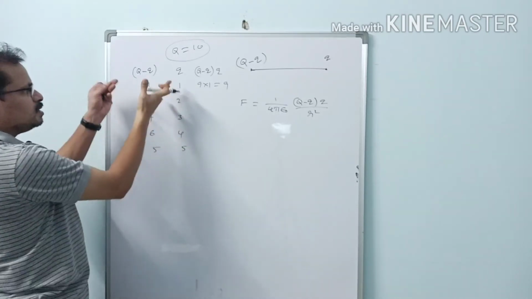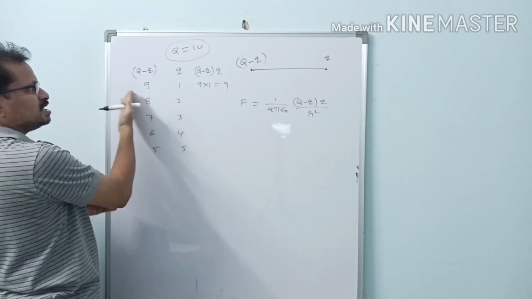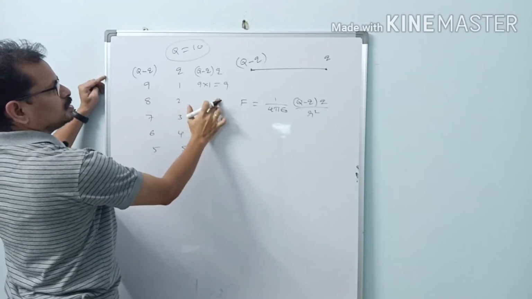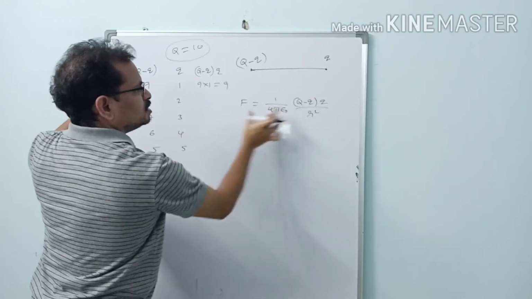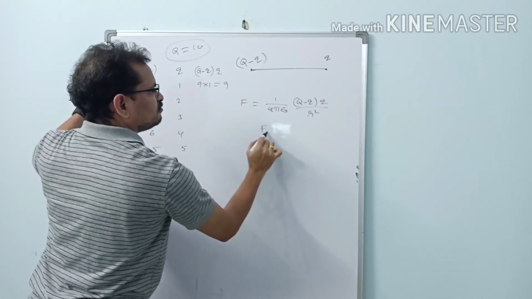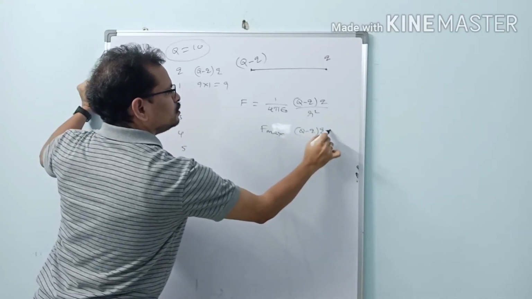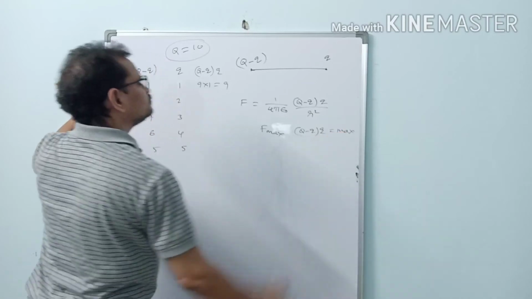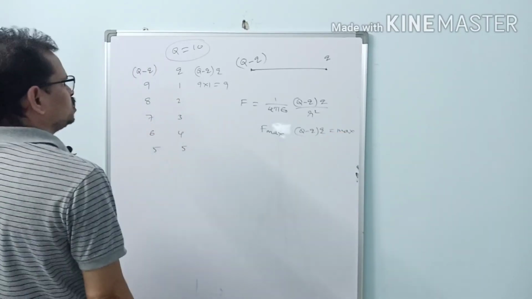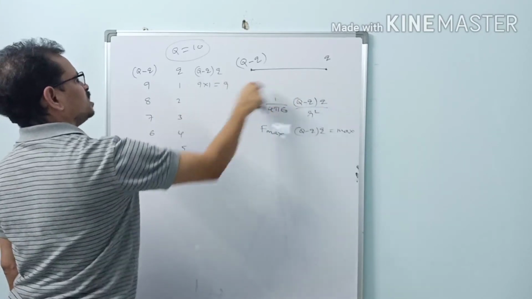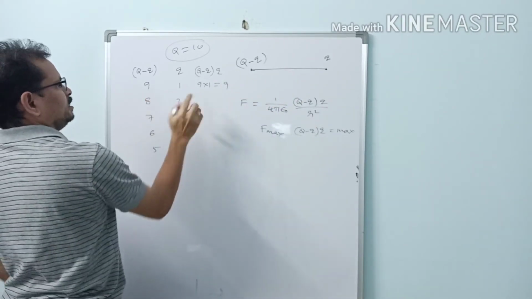So how to distribute? Which is the best pair here? 9 into 1 equal to 9. The product should be maximum. So for force F maximum, q into (Q minus q) must be maximum. Let us check. If you give 9 charge here and 1 unit of charge there, then 9 into 1 equal to 9.